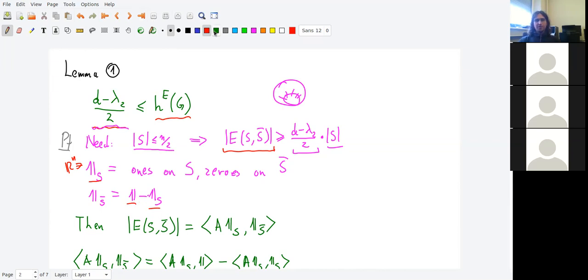And then this is an equality that we have already seen during the last lecture. If I want to count the number of edges between S and the complement of S, I can take the following scalar product of two vectors.